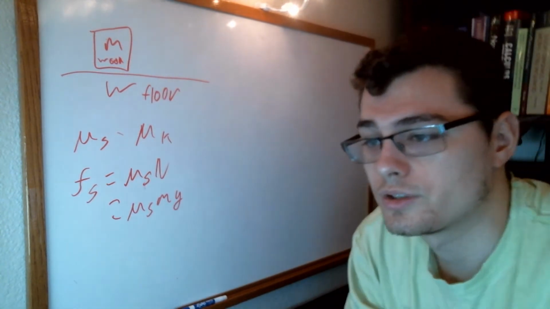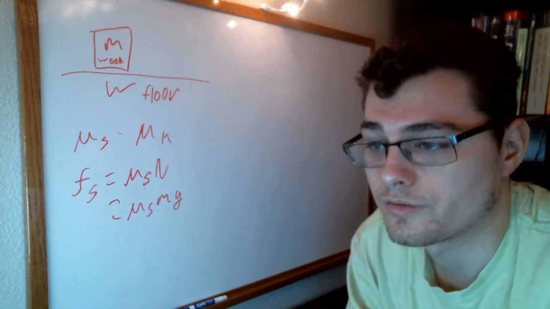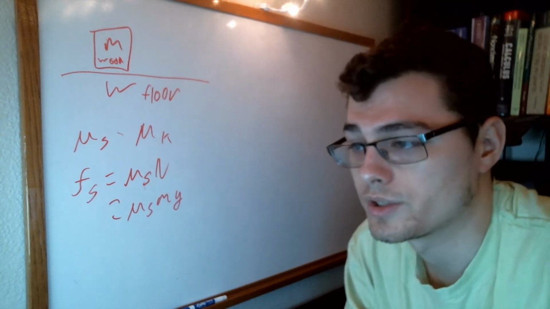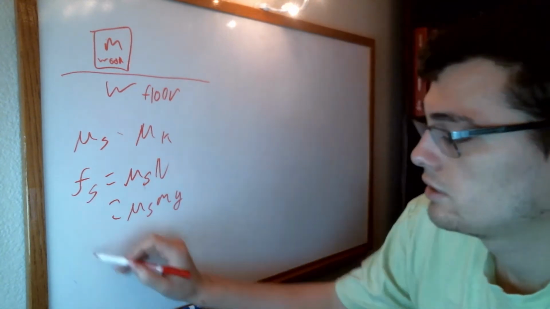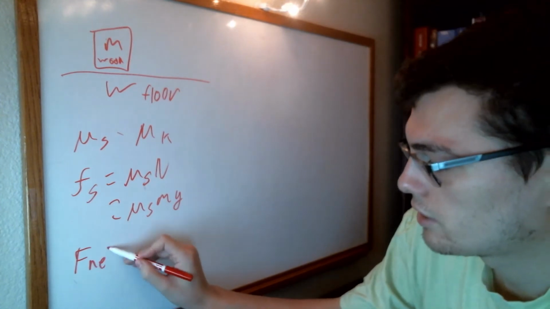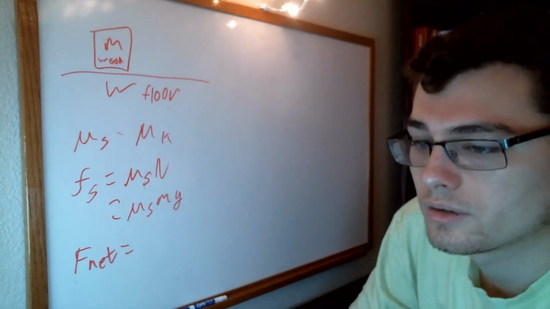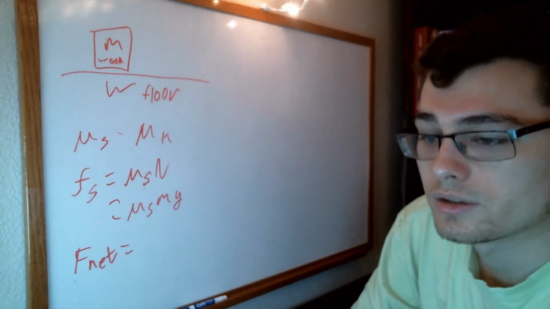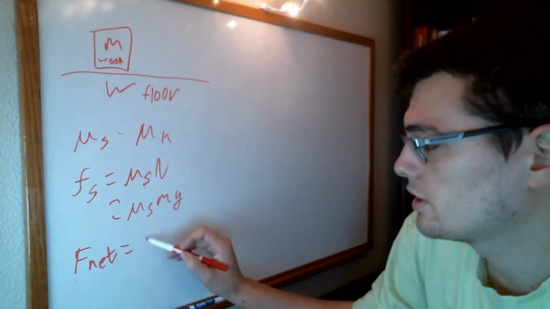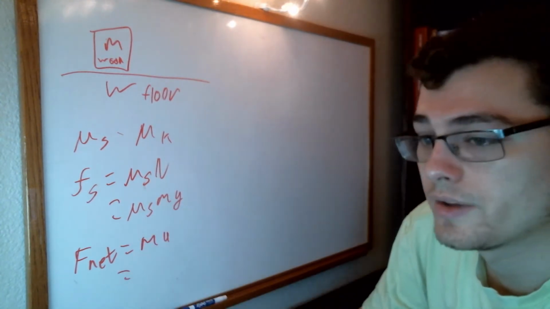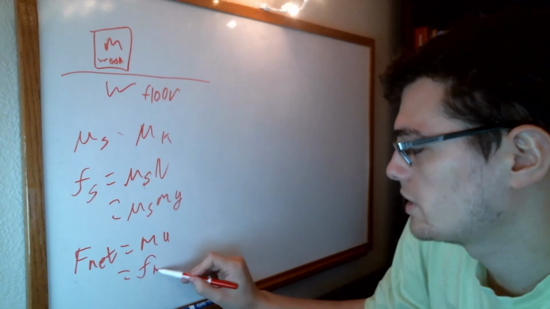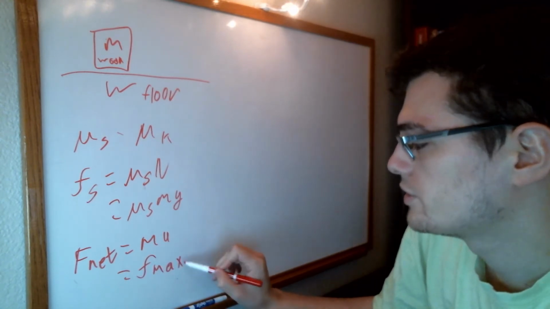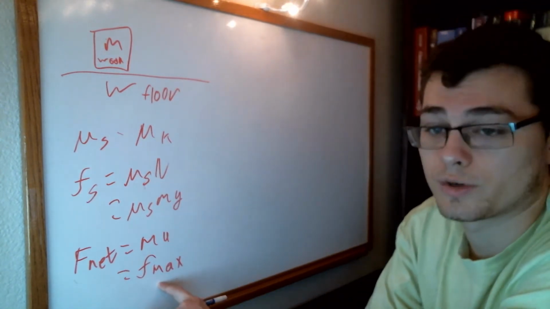So if you can continue to exert this force once the crate slips, what is the acceleration going to be in meters per second squared? We can start by writing our F net, and so here we know that this is equal to ma, and then we'll write our expression. This is going to be F max. So this is the force we're exerting.